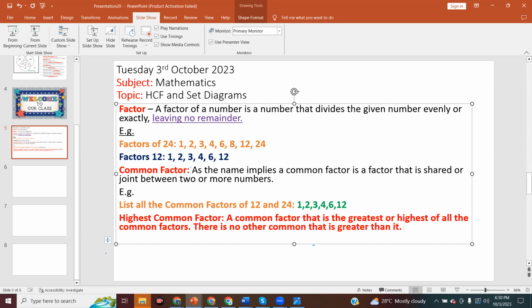So the abbreviation that we use is HCF, or we use GCF. Okay.